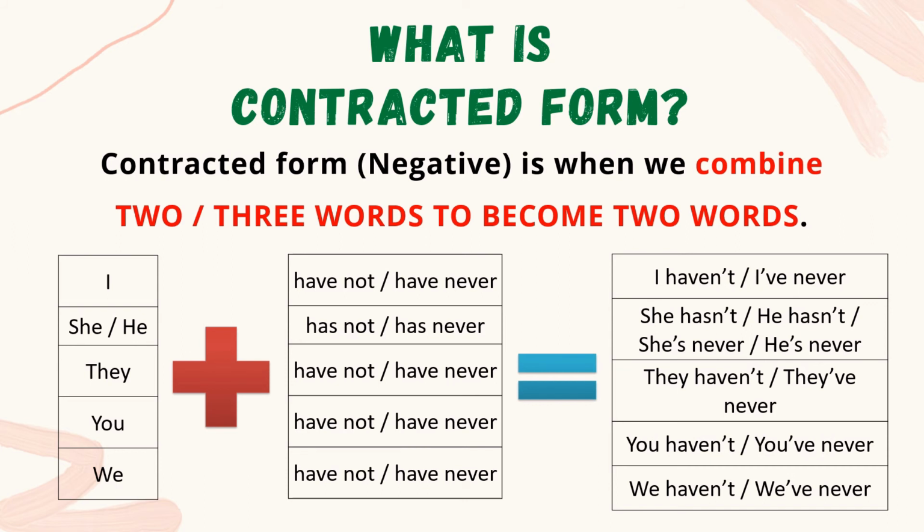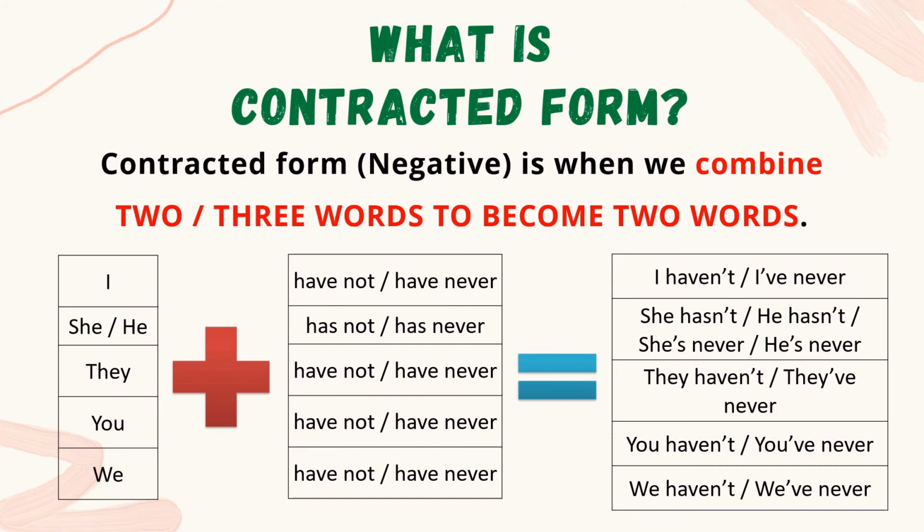She or he combined with has and never, it will become she's never or he's never. They combined with have and not, they become they haven't. They combined with have and never, it will become they've never.